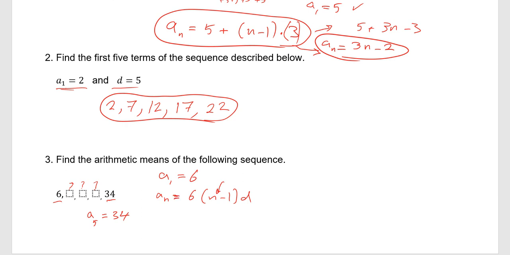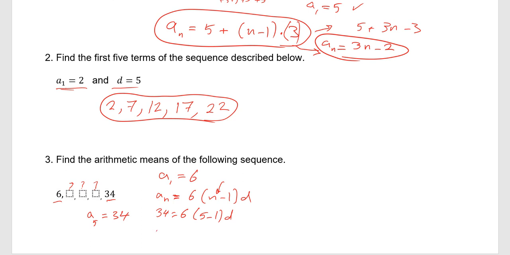So what we could do is just plug in, right, so we have a sub 5 equaling 34 equals 6 plus 5 minus 1 times d, and now we can actually solve for d, right? And then once we solve for d, then we can find these missing means.